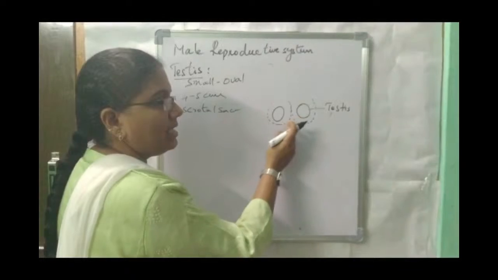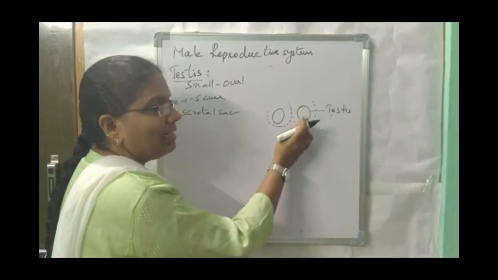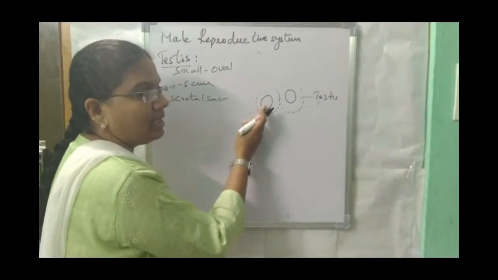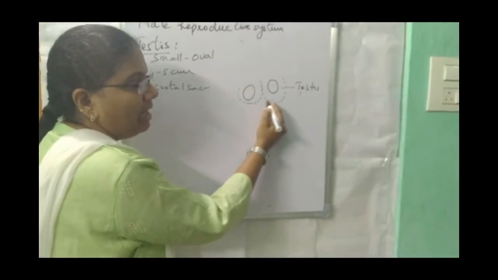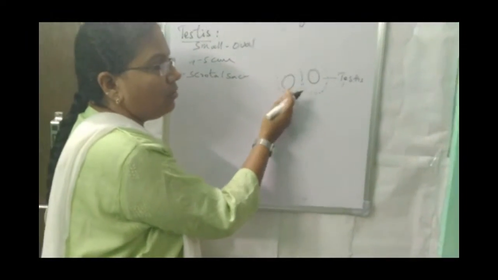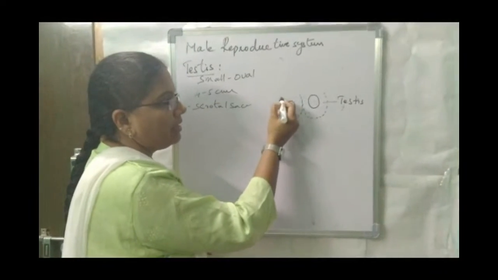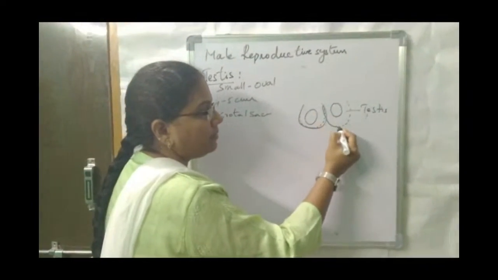These two testes are not at an equal level. One testis is higher than the other. There is no equality of level; one is slightly lower than the other testis. This is the scrotal sac.